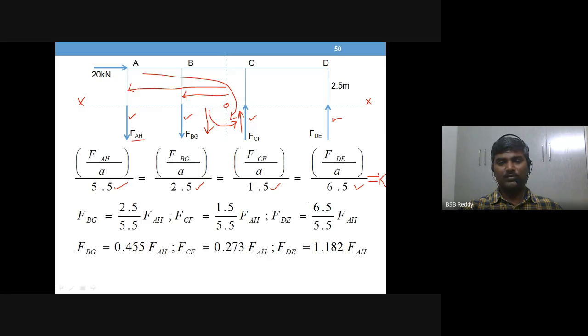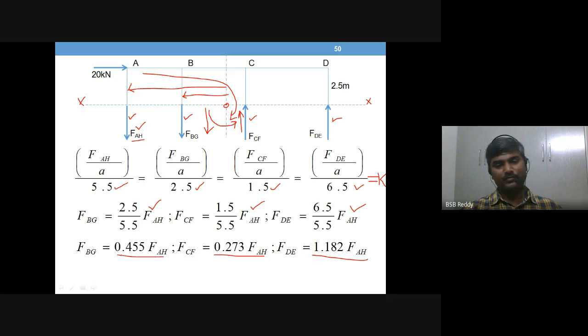To the other columns, you write the relation, then you try to represent all the axial loads in terms of a particular column's axial load. So select the first column. This is how you see it. There is a relation between every column axial load.